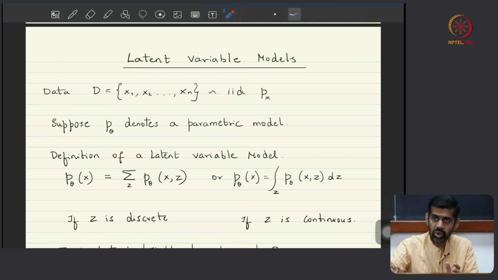So, we will look at what the formulation of latent variable models is, and then we will look at a few examples of latent variable models which constitute generative models. Specifically, variational autoencoders and its families is something that we will see immediately.